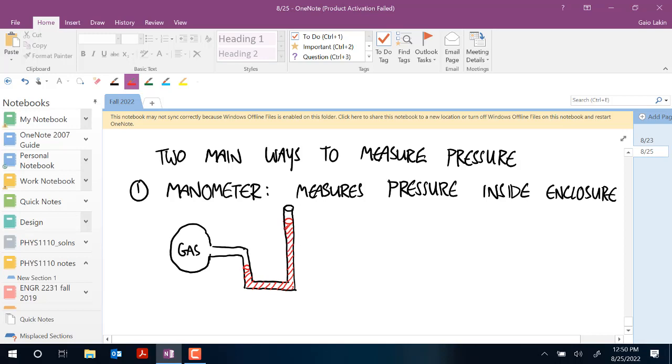Since that tube's open at the top, the pressure at the top is atmospheric.